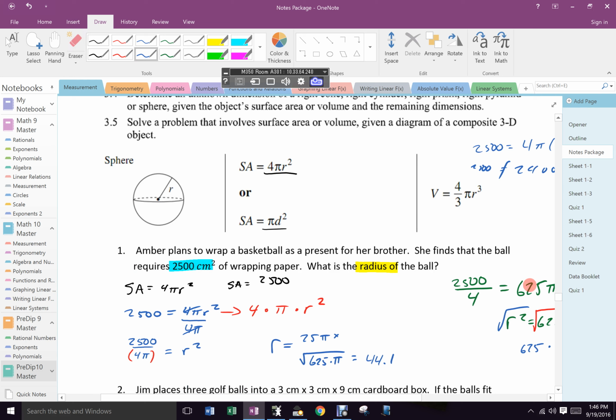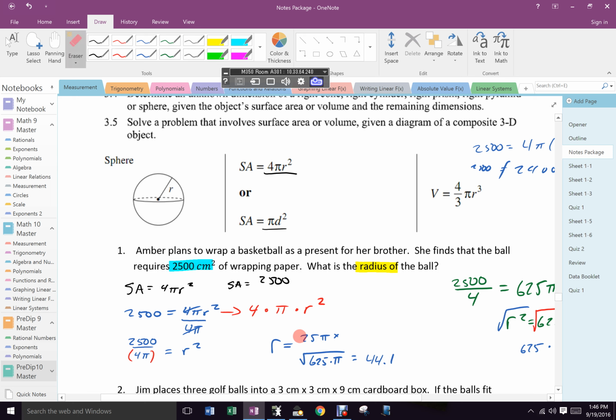And was everybody cool with this because it made sense, didn't it? 2,500 divided by 4, 625. 625 pi. But that's because you're still not thinking of pi as a number. Okay? This is really closer to 12 r squared, isn't it? Everybody got it?